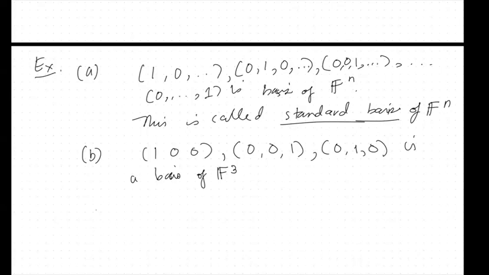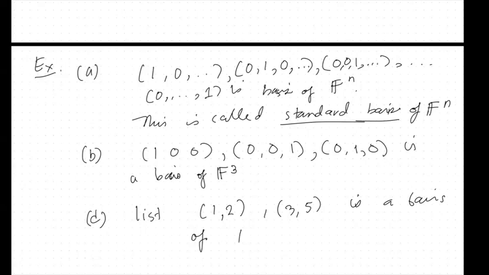Another one is the following. I will leave the checking, (1, 2) and (3, 5) is a basis for F^2. Note that (1, 2) is not a scalar multiple of (3, 5).